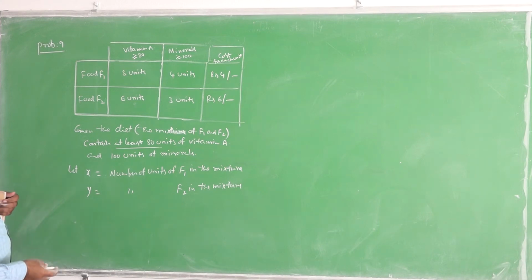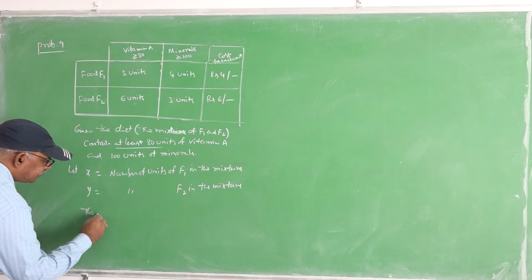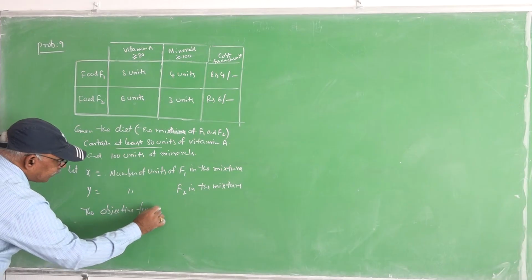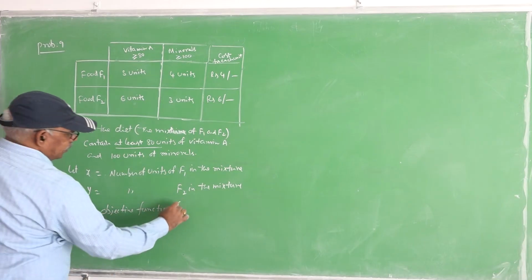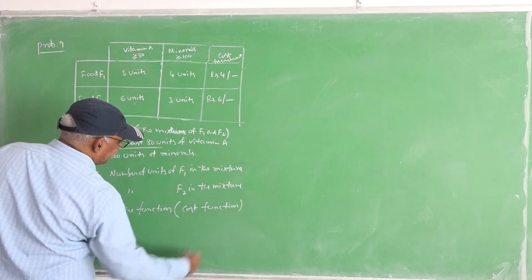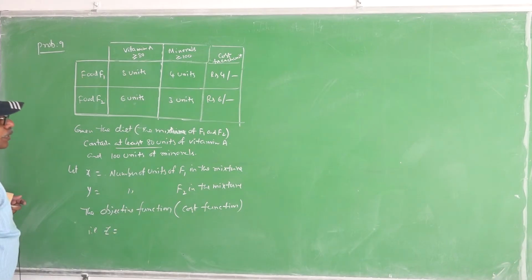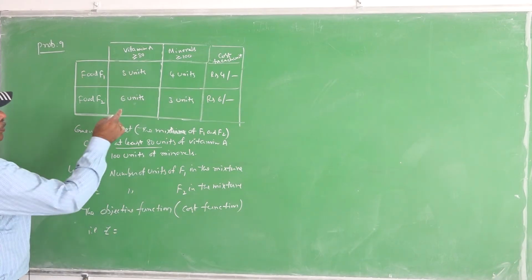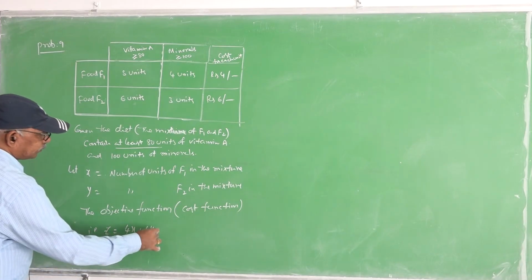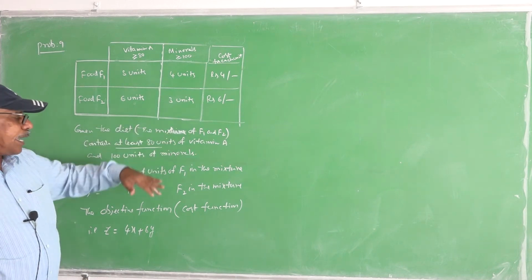The cost is to be minimized here, which means the objective function, the cost function, that is z is 4 into x plus 6 into y, because the number of units of F1 in the mixer is x.